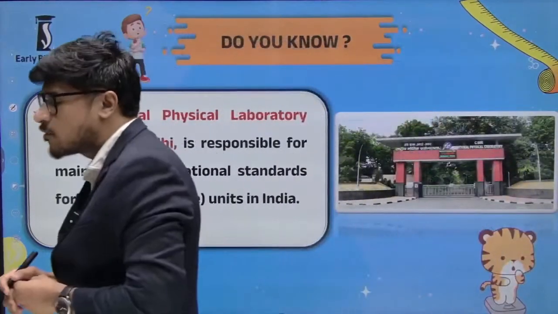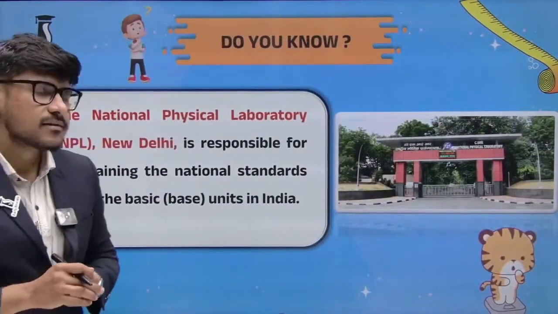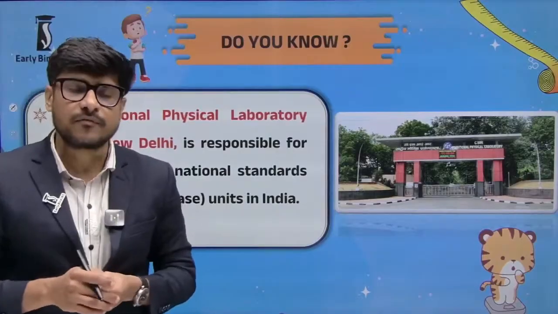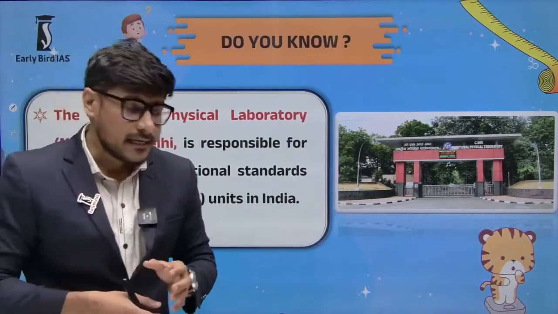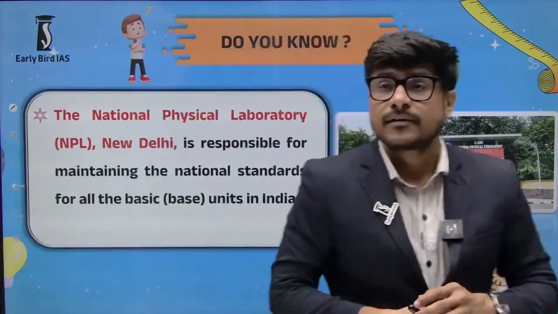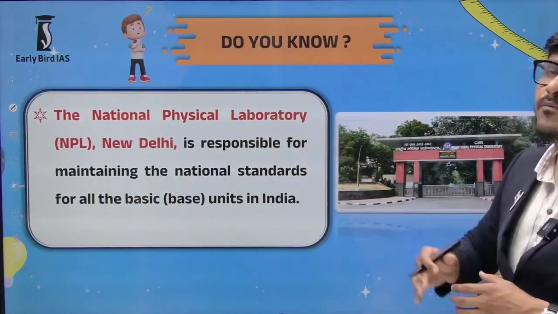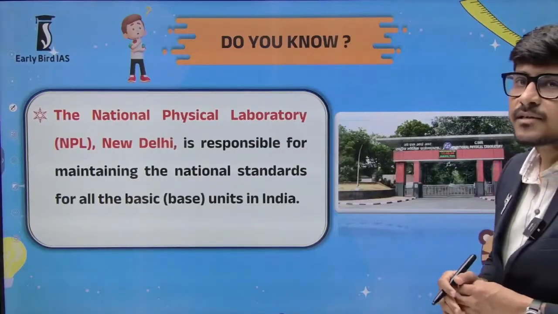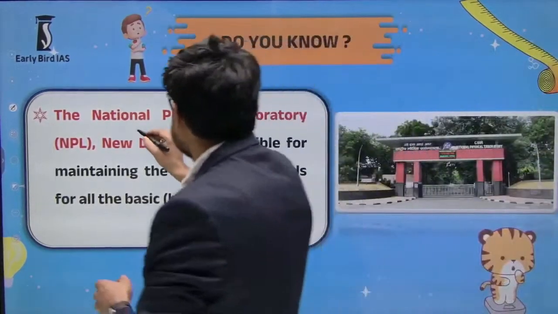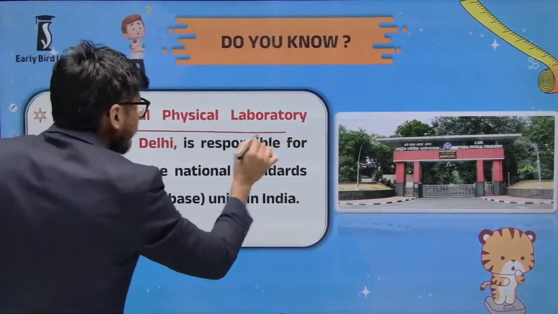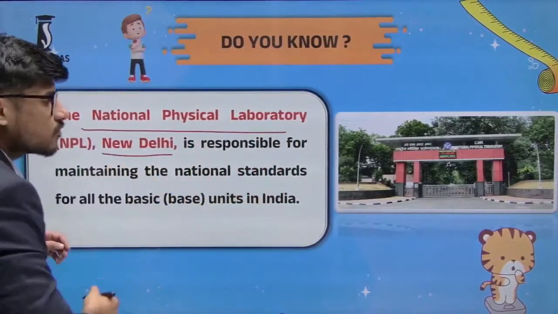So at the global level there is the SI unit. The system comes from the French system, but in India, the organization responsible for maintaining the standard units is the National Physical Laboratory. The headquarter is in New Delhi. You can see this thing.